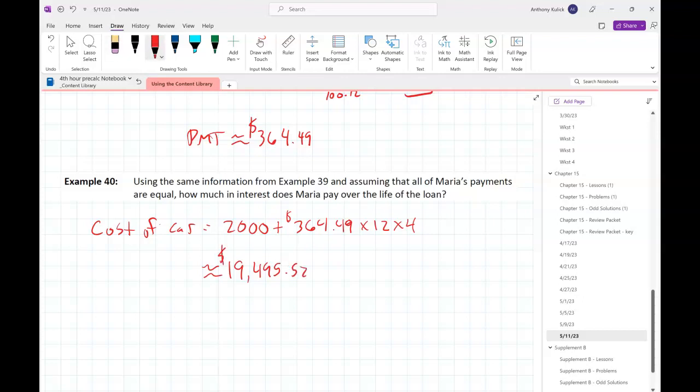How much did we pay for the loan? Well, that was just the payments, right?